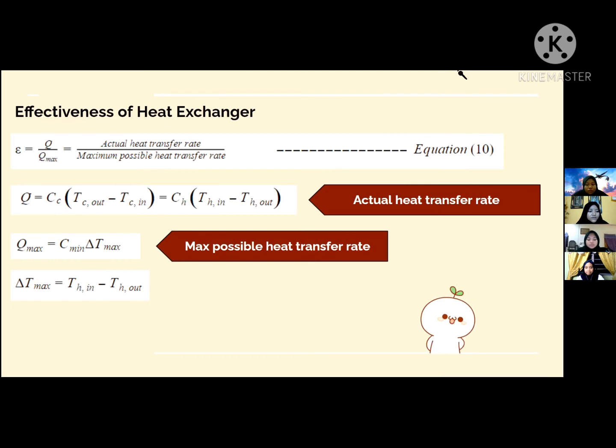So Q dot equals the heat capacity rate of the cold fluid times its difference in temperature, which equals the heat capacity rate of the hot fluid times its difference in temperature. The maximum possible heat transfer rate is Q max equals the minimum heat capacity rate times delta T max, where delta T max equals the inlet temperature of the hot fluid minus the inlet temperature of the cold fluid. Okay, next.